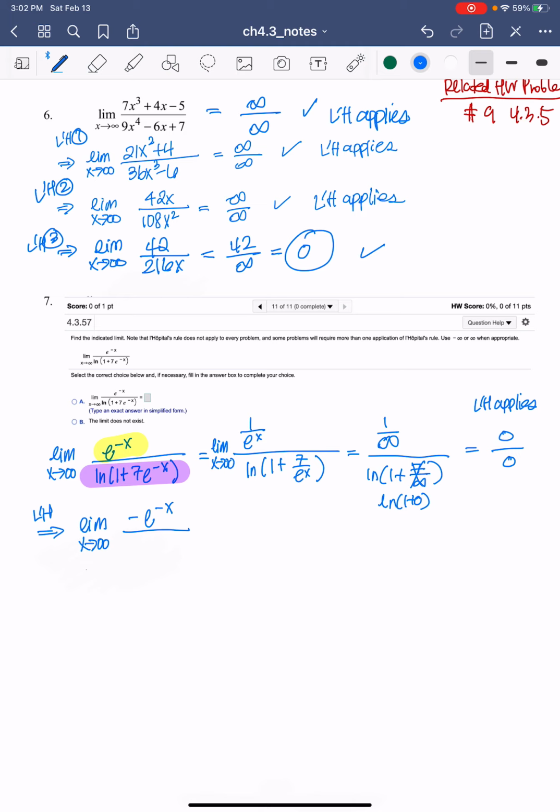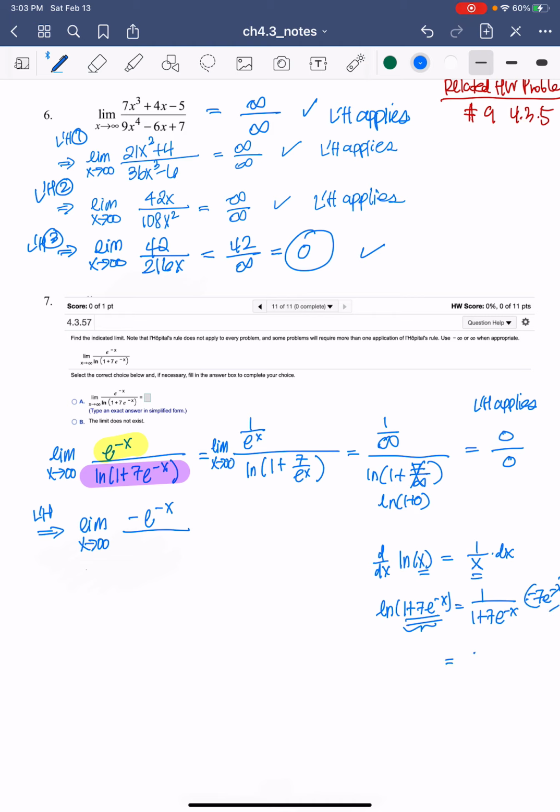Now let's put that aside. Recall that the derivative of ln of x, d/dx of ln x, is 1 over x. If you have ln of something, this is a chain rule, so I'm going to have this whole thing on the bottom, and then the derivative of the inside: the derivative of 1 is 0, and the derivative of 7e to the negative x is negative 7e to the negative x.